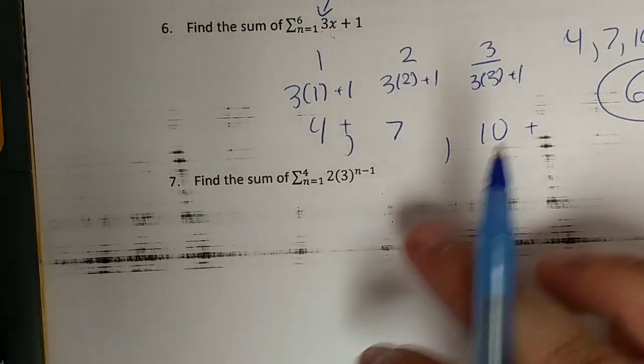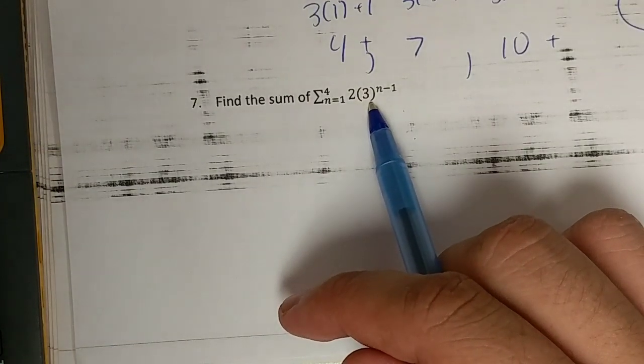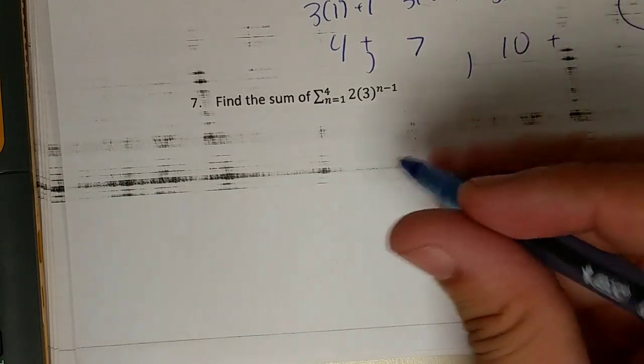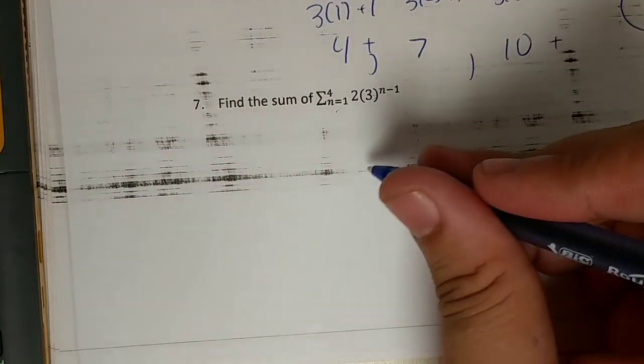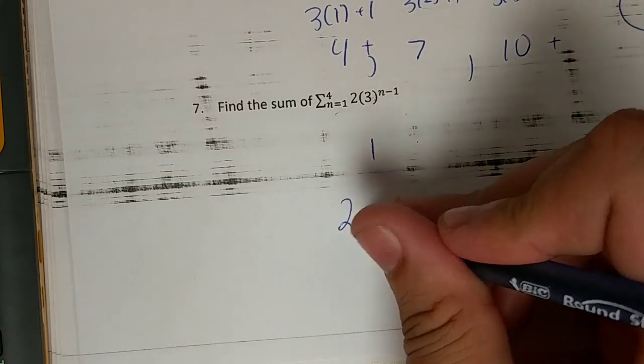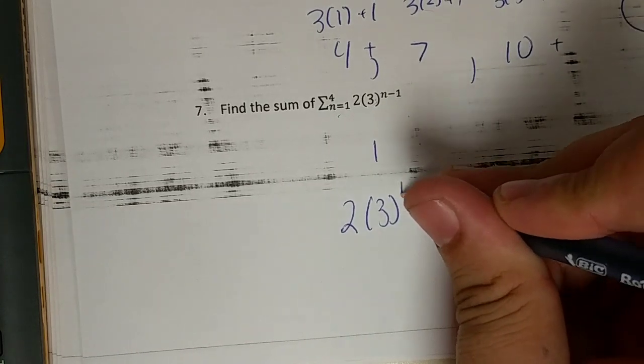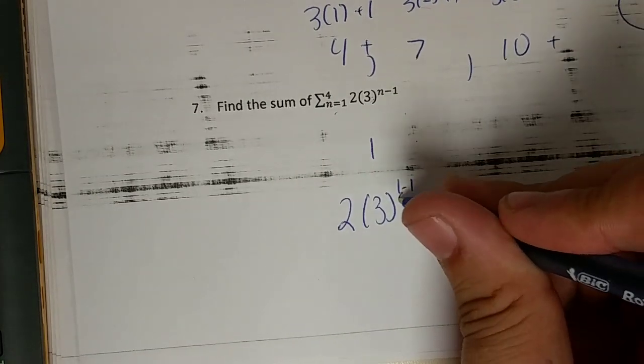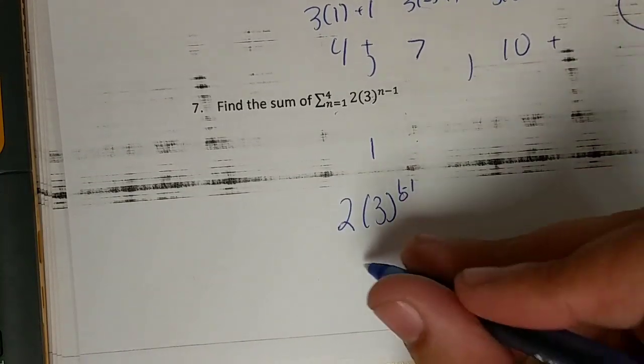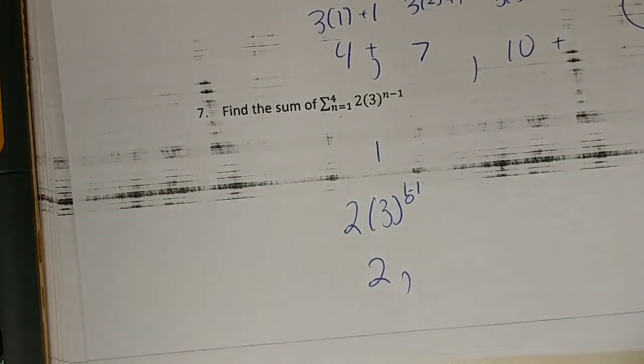All right. Next one. How do I do this, Mr. Tobel? That's pretty easy. From 1 to 4, plug in n for 1 to 4. So for 1, it's going to be 2 times 3 to the 1 minus 1. 1 minus 1 is the 0 power, and anything to the 0 power is 1, so that's 2. So your first value is 2.